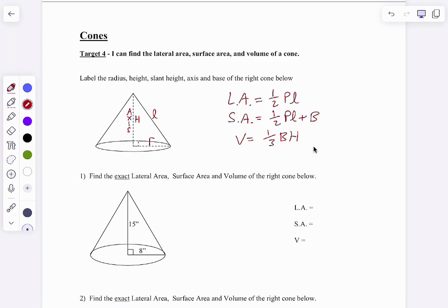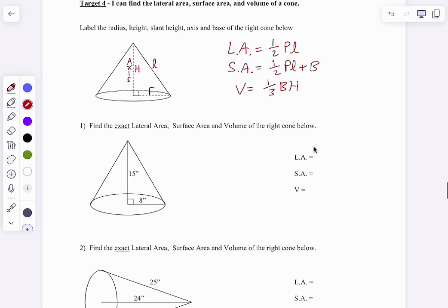Okay, let's do a problem. It says find the exact lateral area, surface area, and volume of the cone below. I like to write the P, the B, the L, and the H down near the figure so that we can get that all organized.